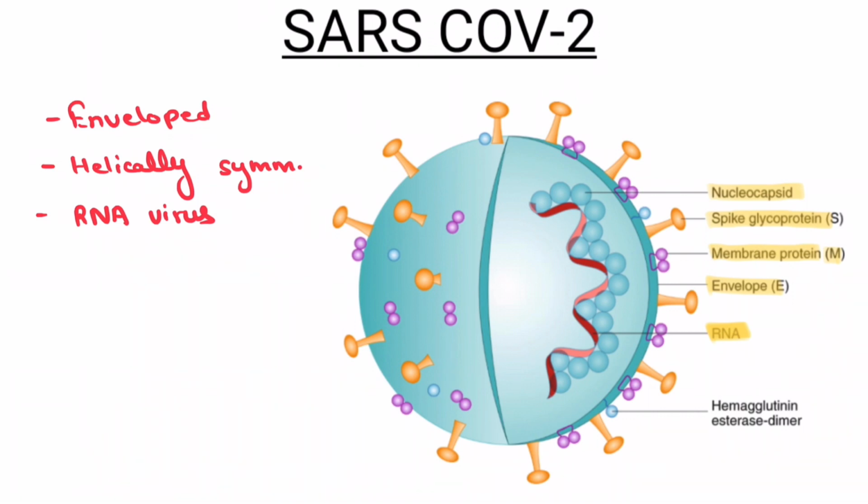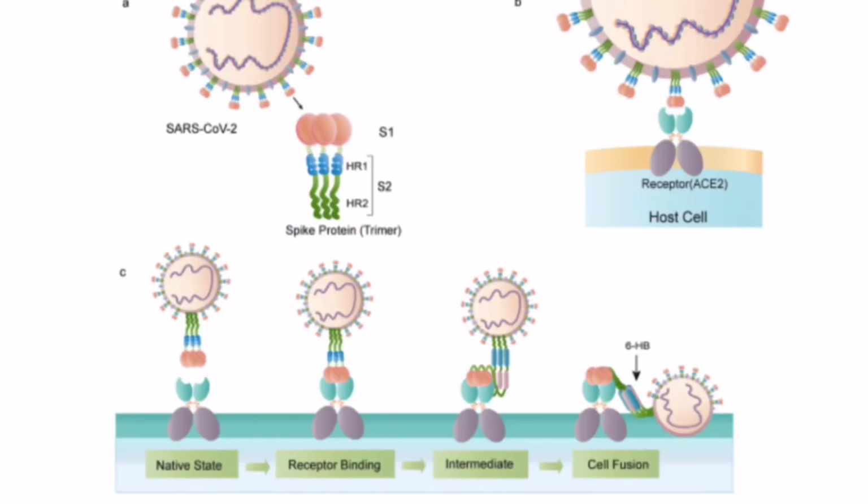Now coming to another part, which is physiology, or how it acts on the host cell. As you know, this virus has spike proteins, denoted as S, and this spike protein has two subunits, S1 and S2.